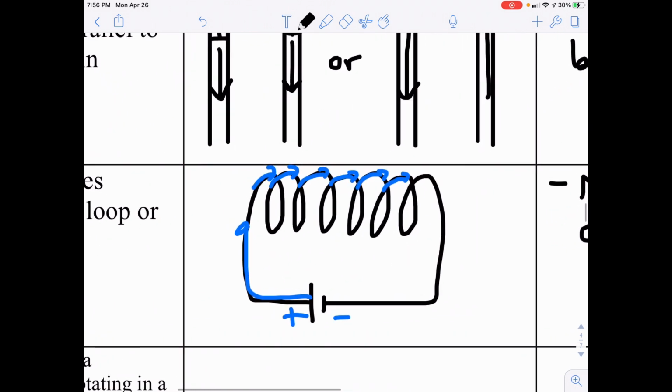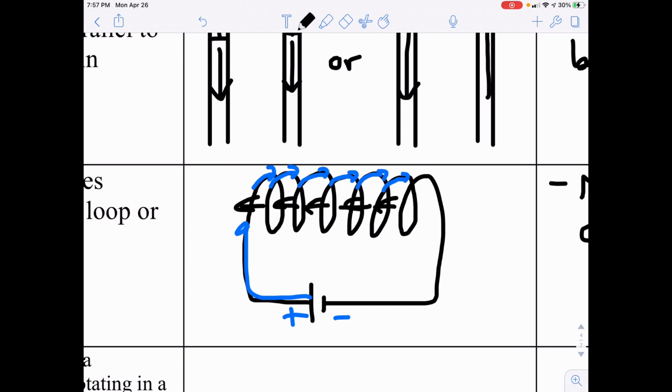And in this particular case, what we would do is we would put our thumb over the top. This means into the page. And your fingers would wrap around in a direction that looks like this. In other words, through each one of these loops right here, you'd get a magnetic field that's passing this way, this way, this way, this way, this way.